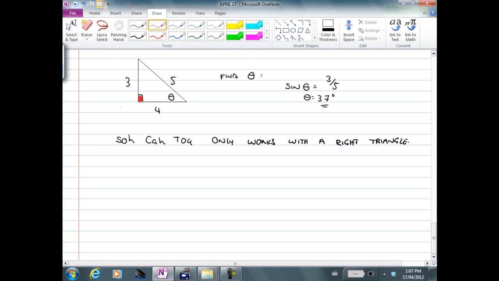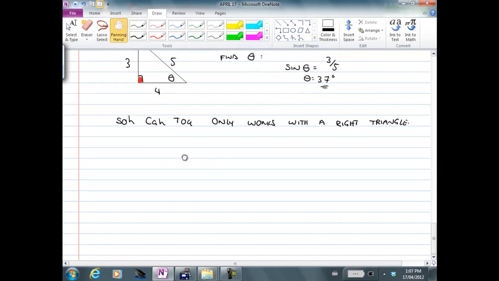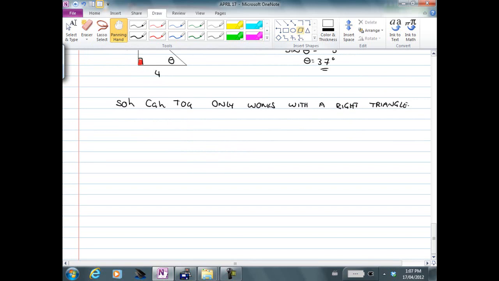Now, in reality, a lot of times you're given triangles that are not right triangles. So, for example, let's use this one. No longer do you have 90 degrees. Some of you say, but doesn't this look like 90 degrees? I can't say because I didn't put in that symbol. So I'm going to show you a new trick.